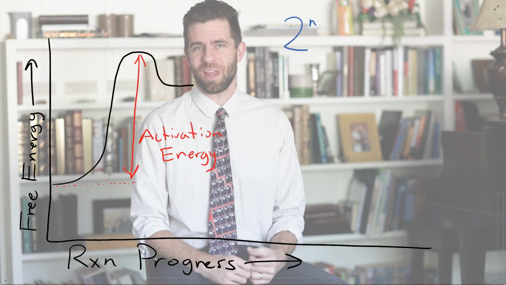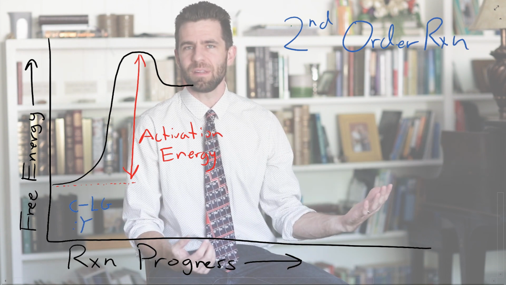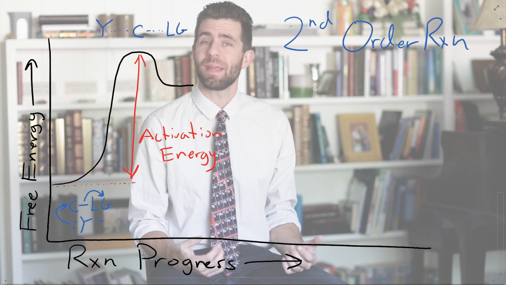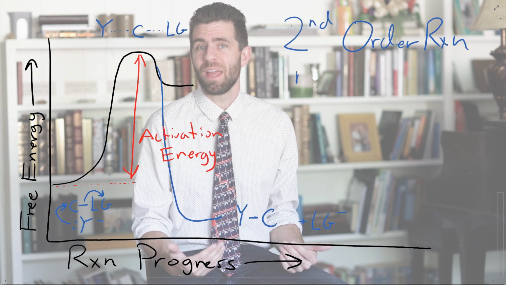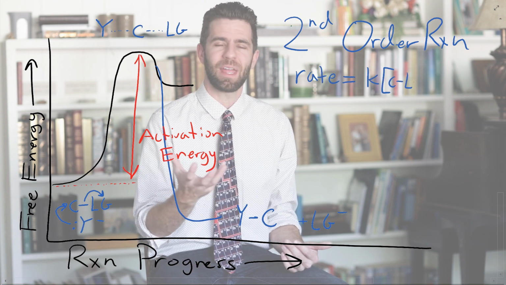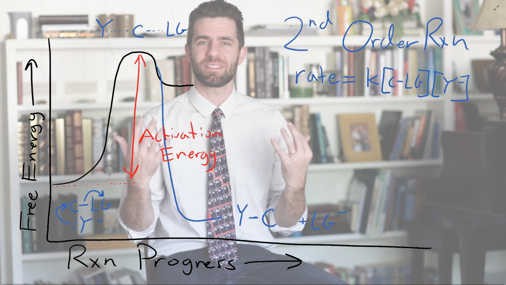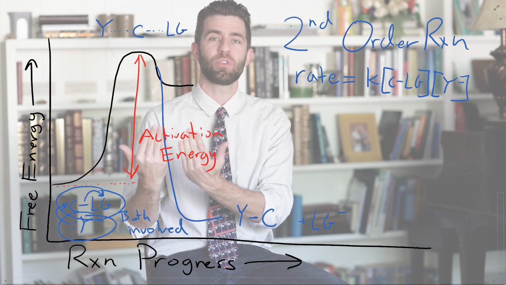A second order reaction happens, on the other hand, when the leaving group gets pushed off by the nucleophile or base. That's because a second order reaction has both the alkyl halide and the nucleophile or base in the rate law, second order because it's first order to each one.